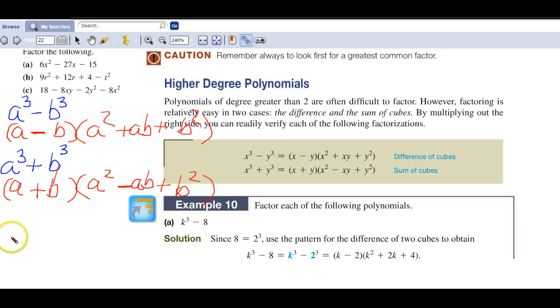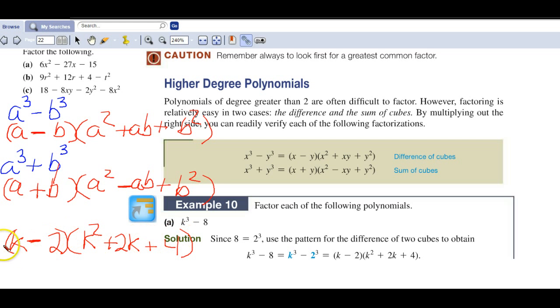So in doing this one, parenthesis for 2, parenthesis for 3, going to put a negative there. Cube root of that is k. Cube root of 8 is 2. And then our opposite sign here. This is going to be k squared plus 2k, and this is plus 4.